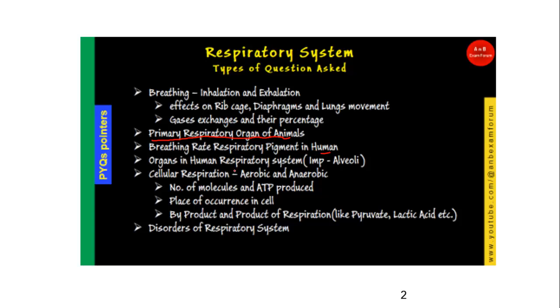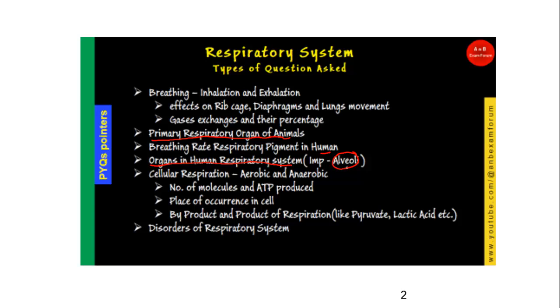And the very important one from this chapter is the organs in the respiratory system, and the most important one is the alveoli. Okay, so you should know the correct function, the correct reason why this is present in the respiratory system. You should know the role of the alveoli.